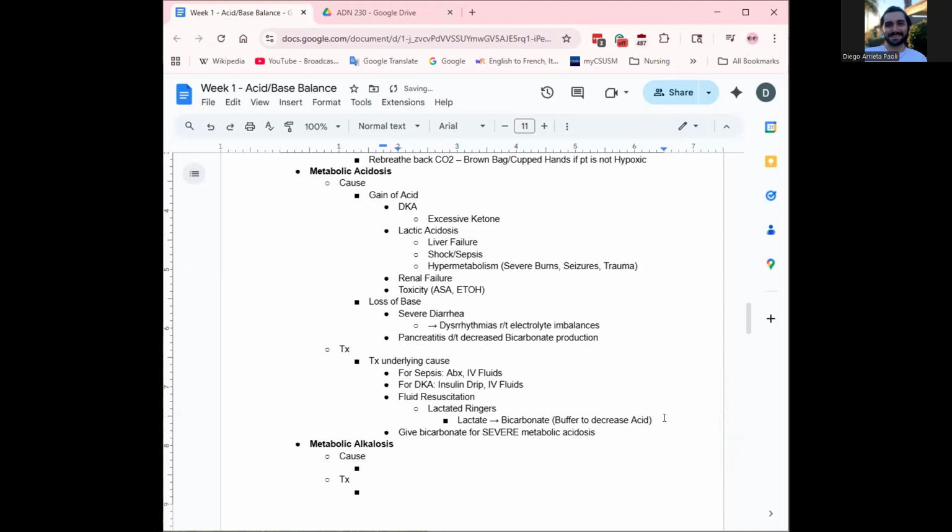Bicarb used to be a very standard thing that they would always be doing, but they found out it didn't really improve outcomes outside of really severe cases. And it probably came with more complications in the case of more manageable acidosis.